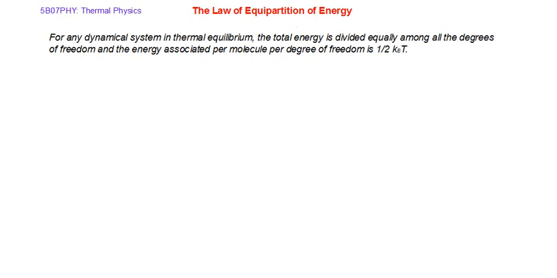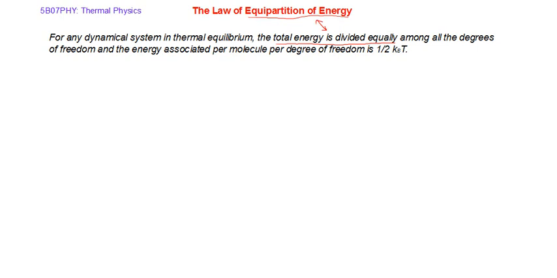From this term the law has derived its name, equipartition of energy. So here is the justice to the name of the law. The total energy is divided equally among all the degrees of freedom.